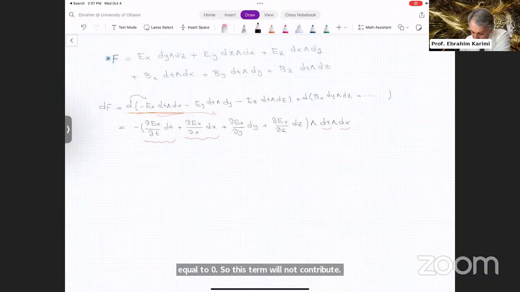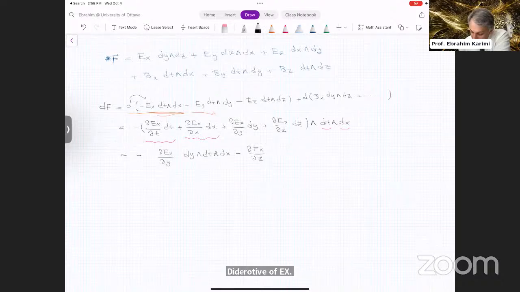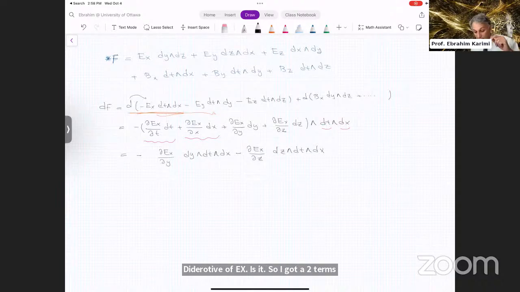So as a result, for this part of the calculation, I will get minus ex y, then dy wedge dt wedge dx, and then I have also the other term, which is minus the derivative of ex z, dz wedge dt wedge dx. So I got two terms from the first derivative of ex.